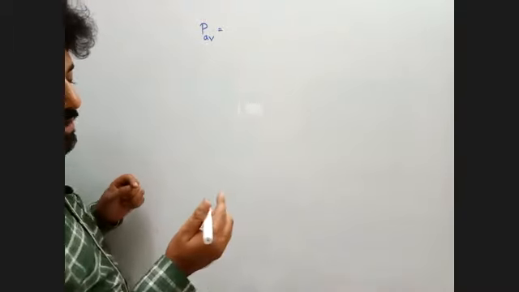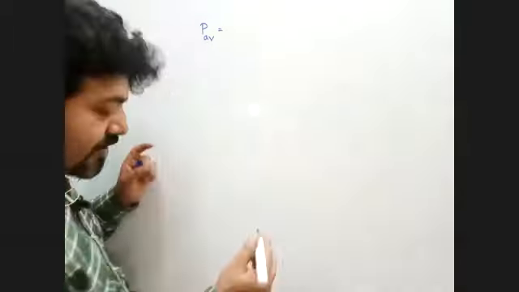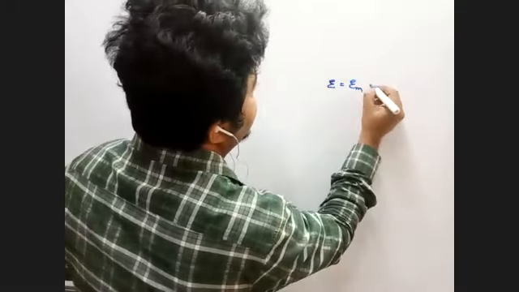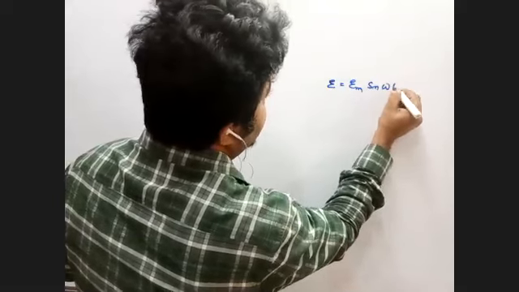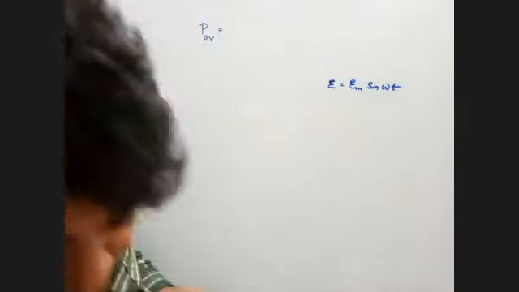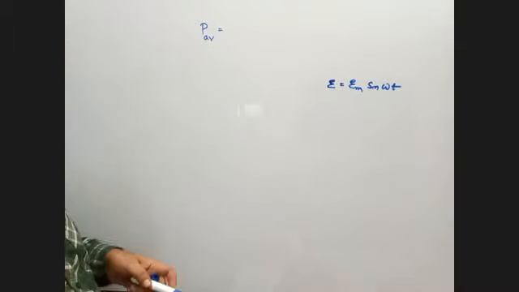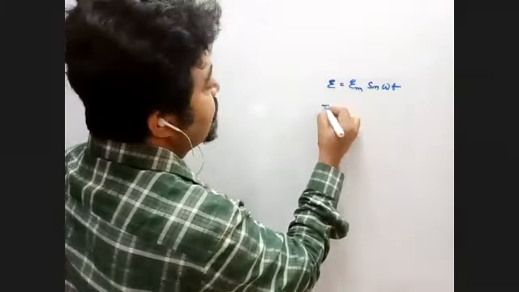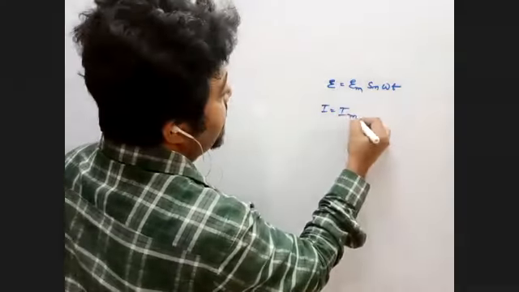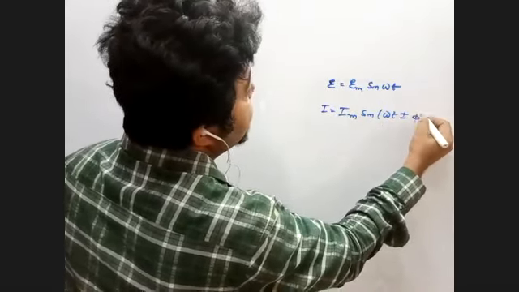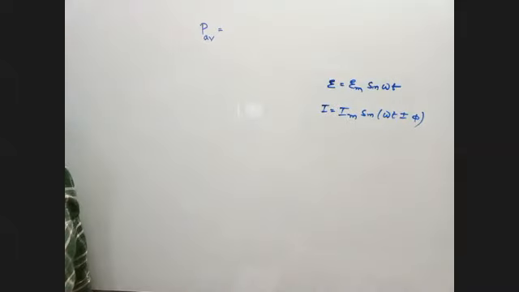Now we know, if E equals EM sine omega t, that is your EMF. With respect to that EMF, the current IM sine omega t can lead or lag by the angle phi.